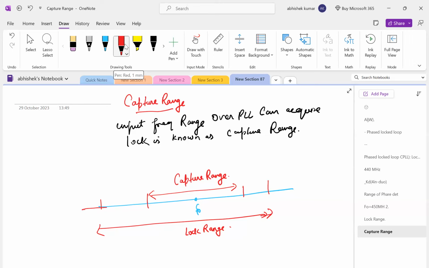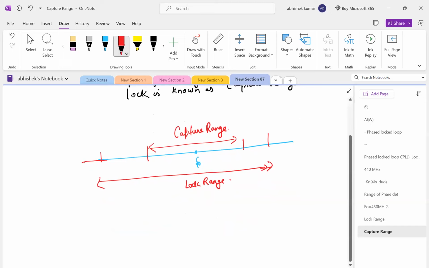The VCO runs at the center frequency, with no possibility of moving to the input frequency, so it stays unlocked. We can only acquire lock if the input frequency is closer to F naught. Thus, Fin minus F naught must be smaller than the bandwidth of the loop filter. So for the capture range, Fin minus F naught must be as small as possible, and then it is in the lock range.